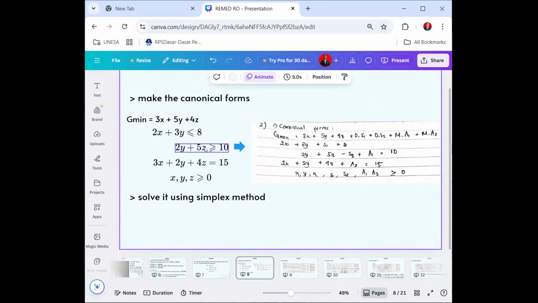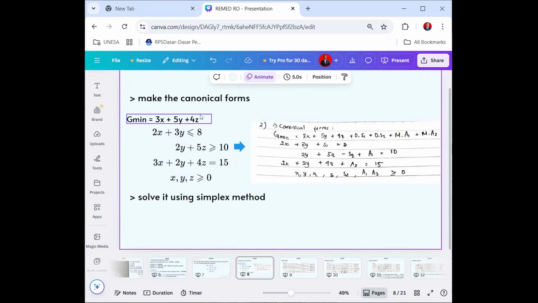And for equation 2, because the sign is more than or equal to, we need to subtract a surplus variable and add an artificial variable here. And for the equal to sign, we need to add an artificial variable also.